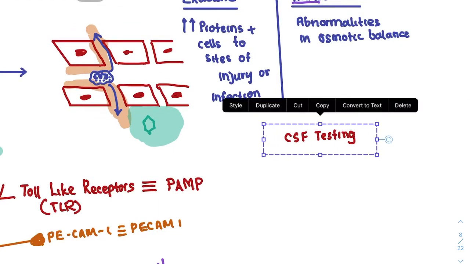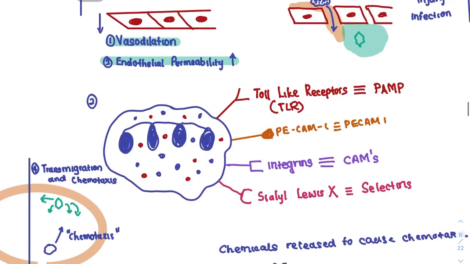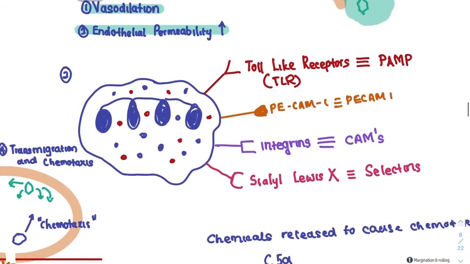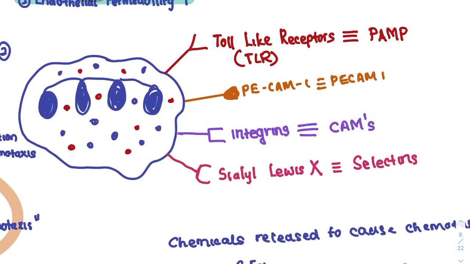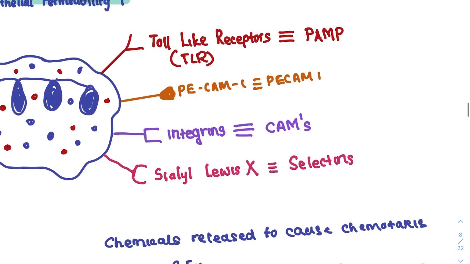So next I'll talk about what happens to the neutrophil, more of what are the receptors that are involved in an immune response. This will be explained in the pathway, but I just want you to know, neutrophil has several receptors, including toll-like receptors, TLR, CAMs, cellular adhesion molecules, integrins, and a molecule called Sialyl-Lewis X. Now TLR joins with PAMP, and the CAM molecules also join with CAM molecules which are present on vascular endothelial cells.